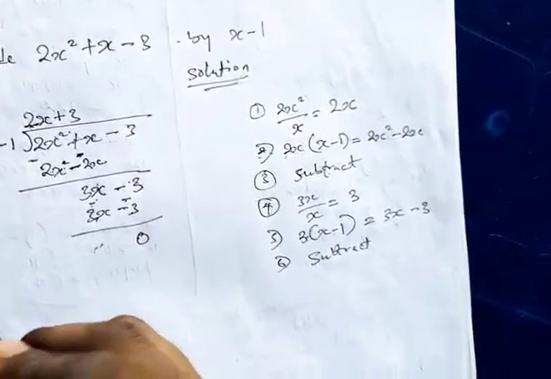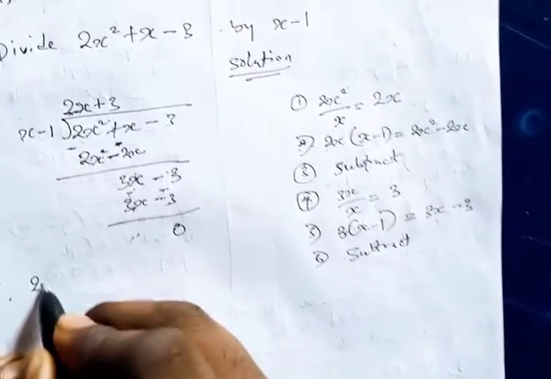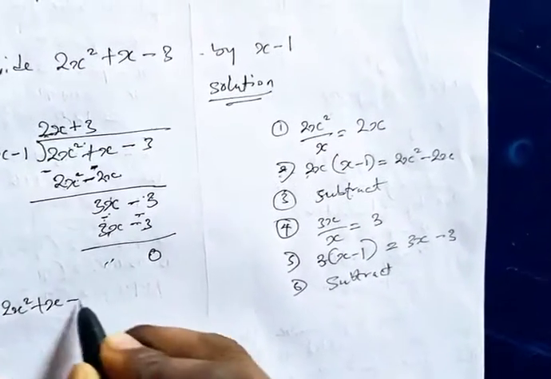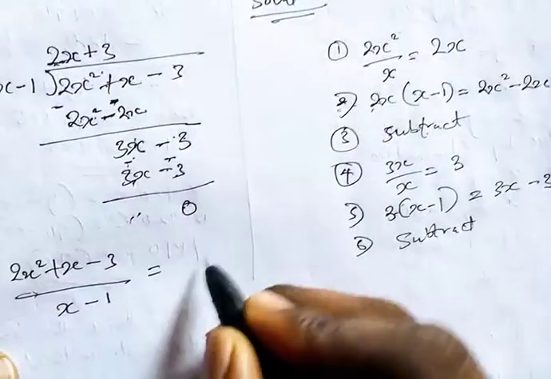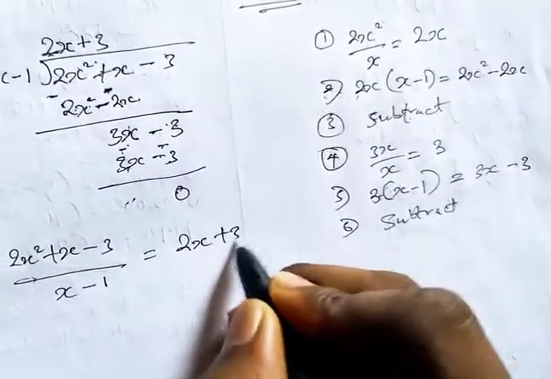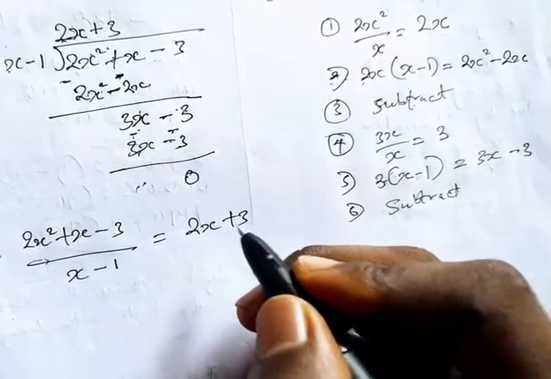Therefore, 2x squared plus x minus 3 divided by x minus 1 is equal to 2x plus 3. Now that is our answer.